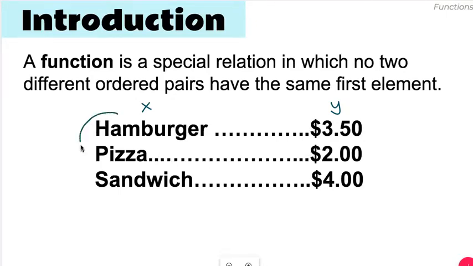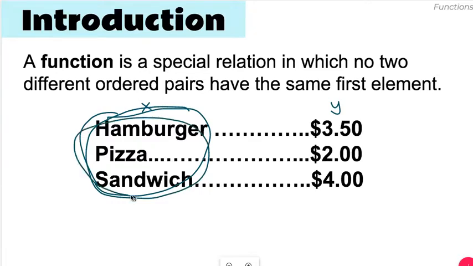If we look at our first pieces of information, are there any repeating? No. Hamburger $3.50, pizza $2, sandwich $4. So this could be considered a function because of my ordered pairs, the first sets of numbers, no two are the same.